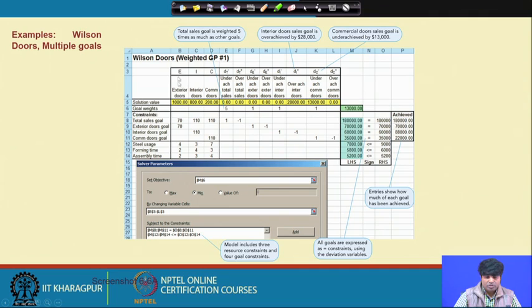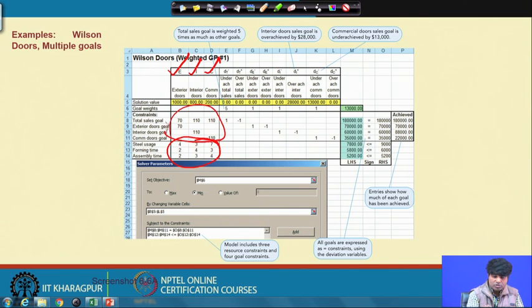This is the first variable, second variable, third variable, and this is underachieved total sales. These are the original constants, and these are the later constants with respect to specification of the goals, and these are the requirements of underachievement and overachievement targets.